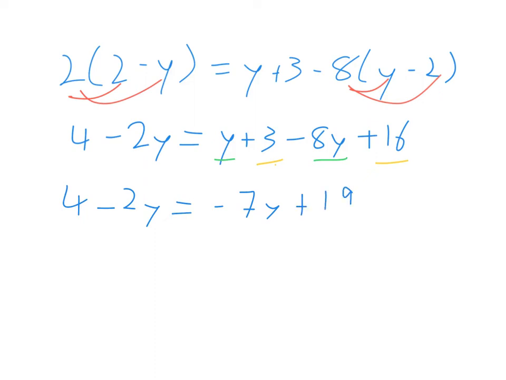Now we can use our normal tricks. So we're going to start by trying to get rid of the minus 7y from the right hand side. To do that we're going to add plus 7y.